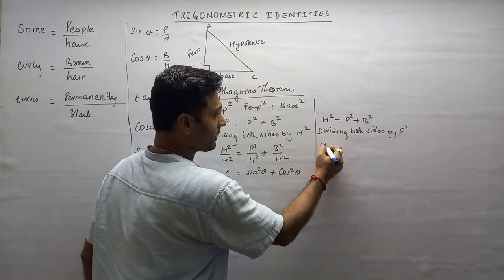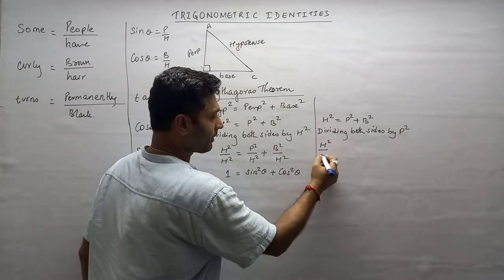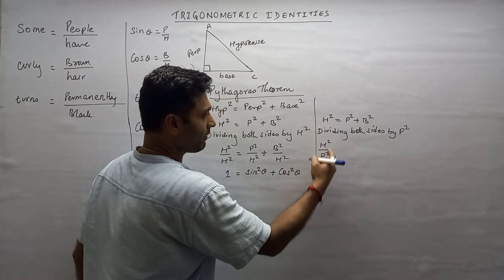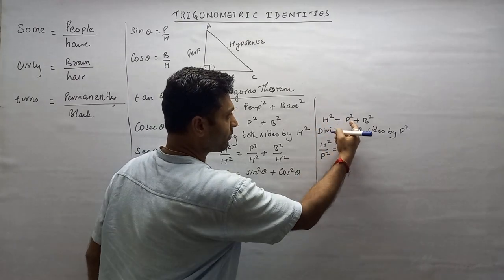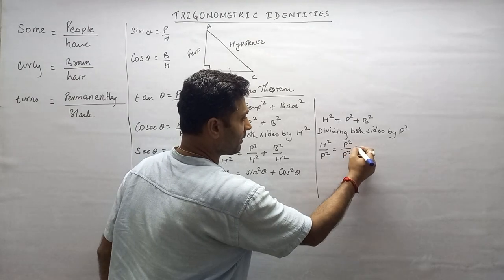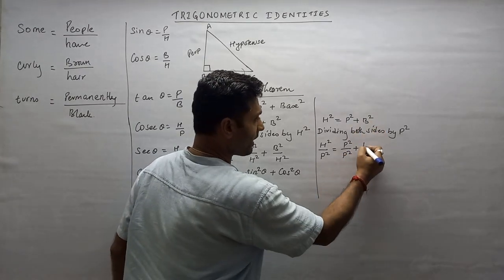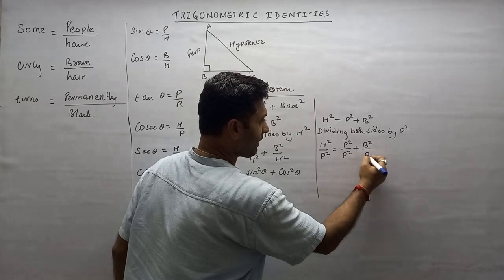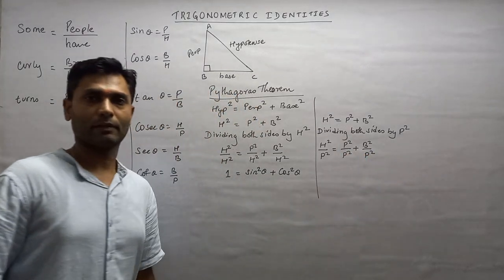So what we get, h square by p square equals p square divided by p square plus b square divided by p square, right?